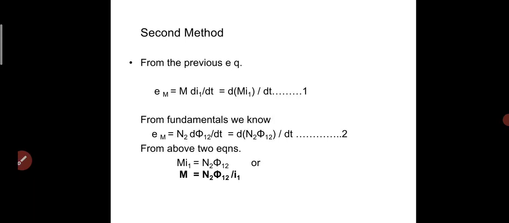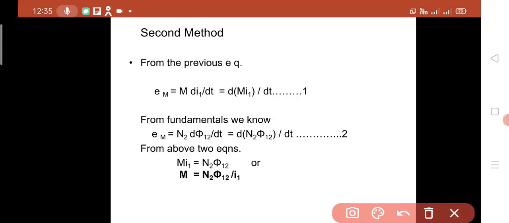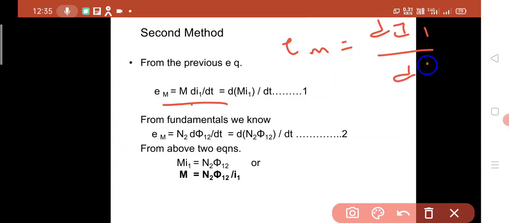Second method: from the previous equation, e_M is equal to M into di1 by dt, which can be written as d by dt of M i1.